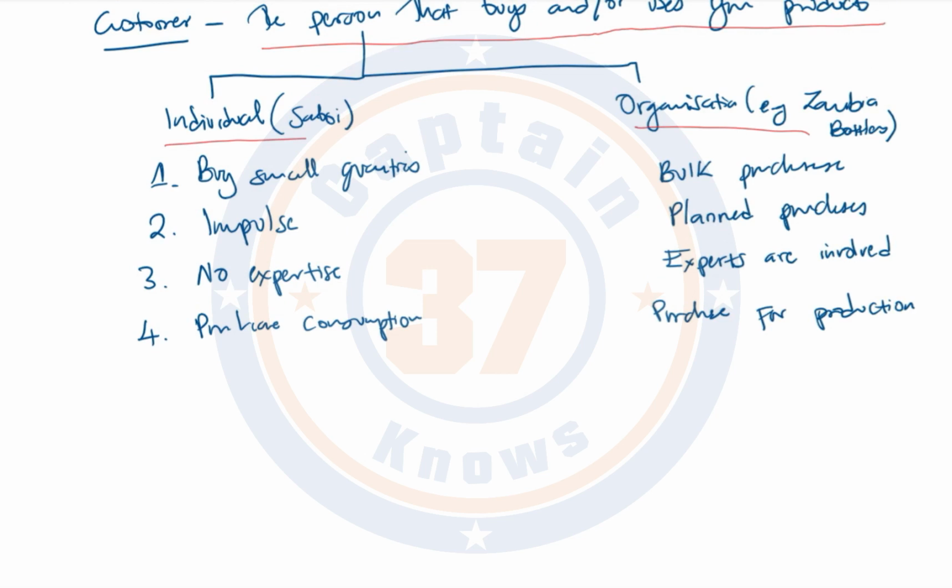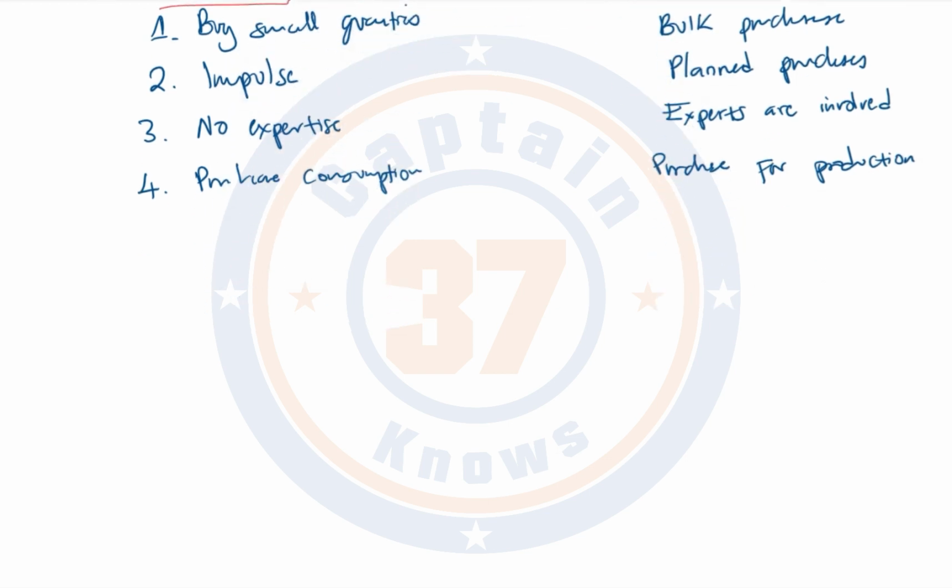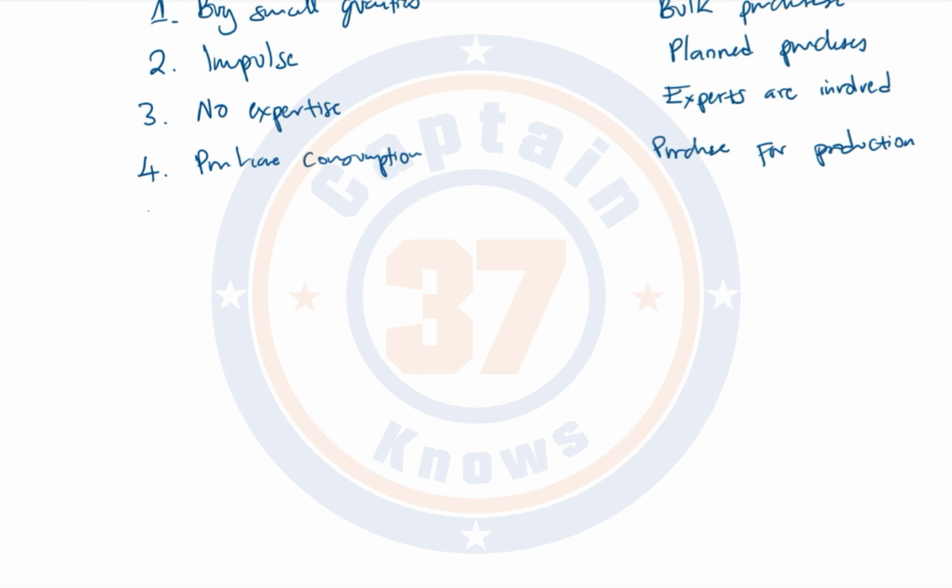Another way of putting it is that these are the differences between consumer markets and organizational markets. I can add one more distinctive factor. And this factor is that one person can decide.